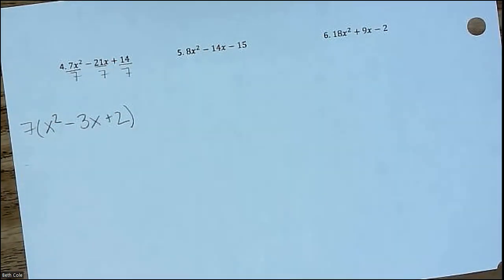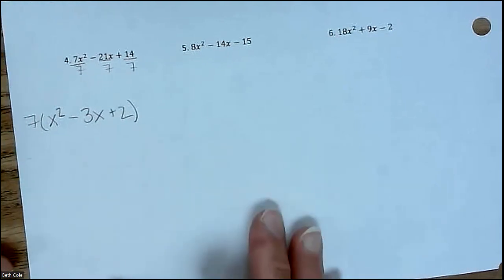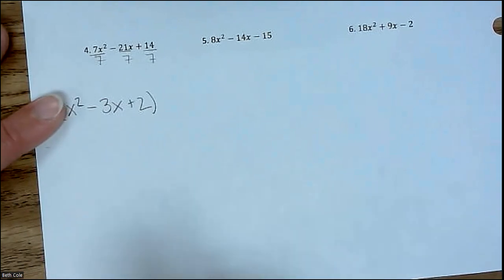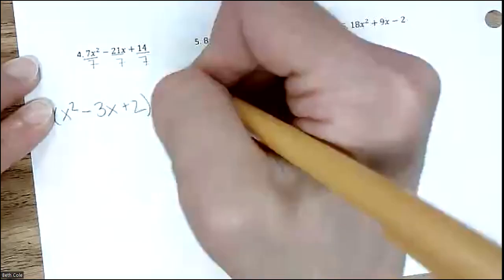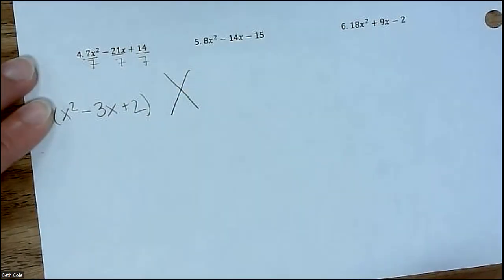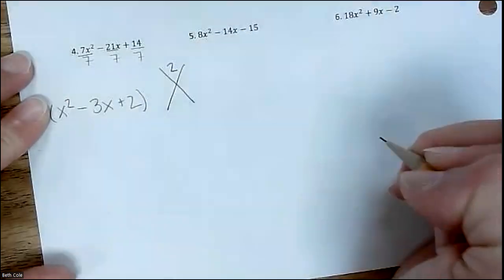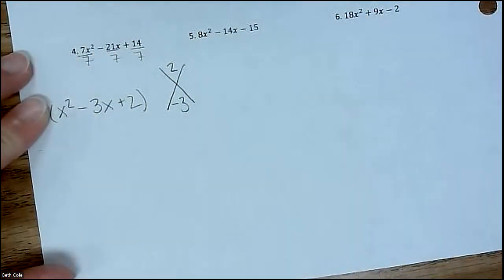Beautiful. This is going to go nice and smooth because you guys are paying attention. Now, this worked well last time. Do you remember how I just covered up the number out front? Yeah. Then we did the rest of it, and then I brought it back. Okay, you're going to draw your X box. What number goes up top? 2. Good. And then on the bottom, -3.